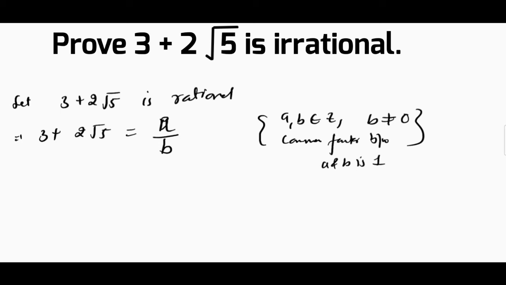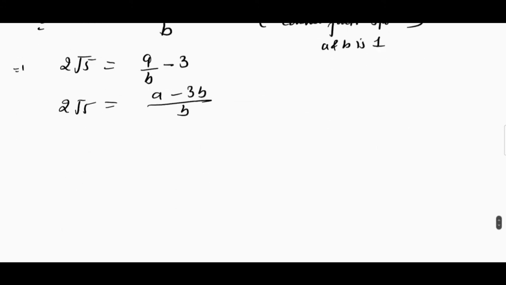So I can take this 3 that side, so this will become 2 square root of 5, which is equal to A divided by B minus 3. So this will become A minus 3B upon B, square root of 5 will become, I'll take this 2 down, so A minus 3B upon 2B.